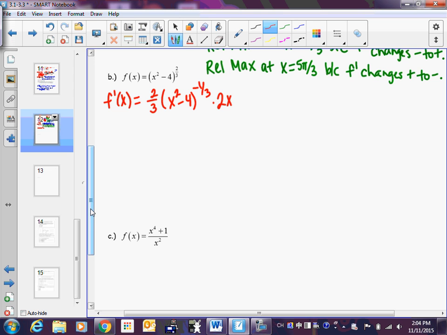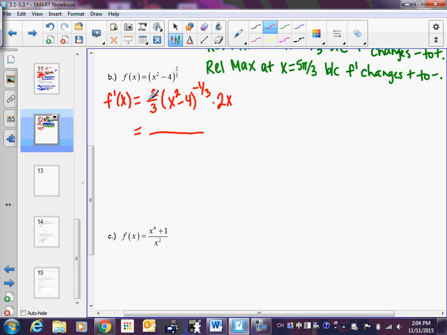It's in our own best interest to clean this up. Here's what I mean by that. Everybody watch up here. The 2/3, I'm going to make a fraction here. The 2 is the top of that fraction, 3 is the bottom. Everything after it is either going to go to the top or to the bottom.